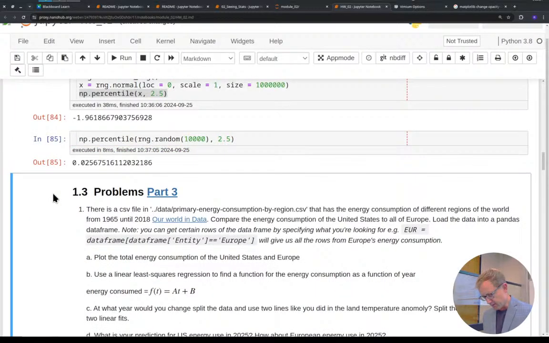This one will give us 0.025, because that's the closest number to 2.5% of uniformly random data. Uniformly random numbers are going to be less than that, and the other 97.5% are bigger than that number. But yeah, that's one way to analyze those percentiles.